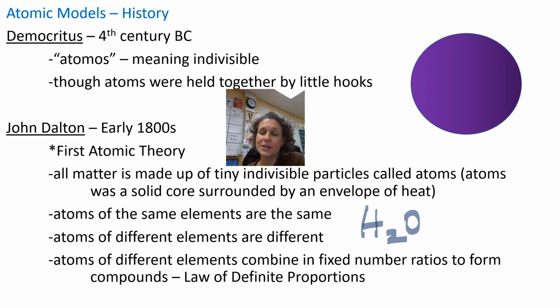But as long as it's still in that 2 H's to 1 O ratio, it would still be water. So if I had H6O3, still the same ratio, because it's like a fraction. I can still divide it and get back to those original numbers. That's the law of definite proportions.